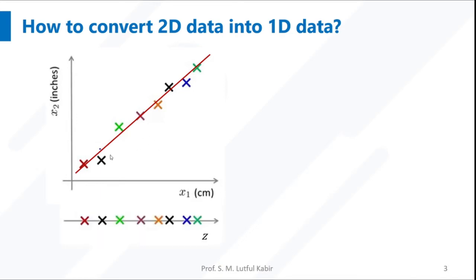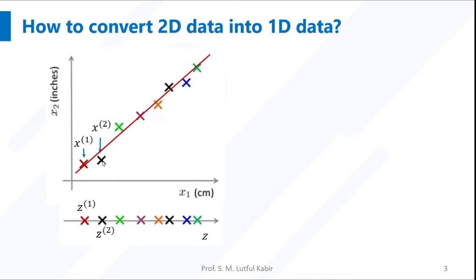And if you project each and every data point over this brown line, the data can be represented by a single dimension z. In this example, the given data x superscript 1 is the first data, and it has two components, x1 and x2. This two-dimensional data can be represented by z1.